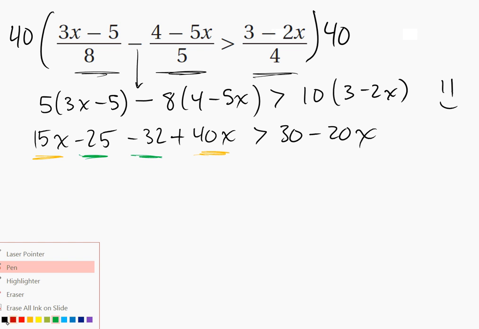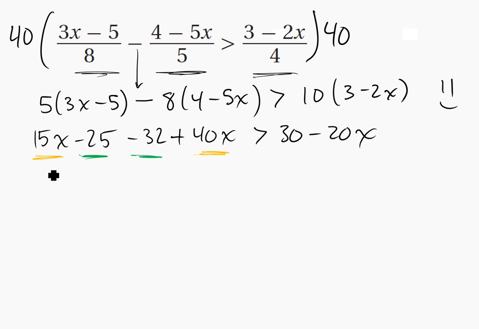So when I combine those all together, 15 and 40 would be 55x. And then negative 25 and negative 32 is negative 57. I haven't even grabbed my calculator. I'm shocking myself. And then this is going to be greater than 30 minus 20x.